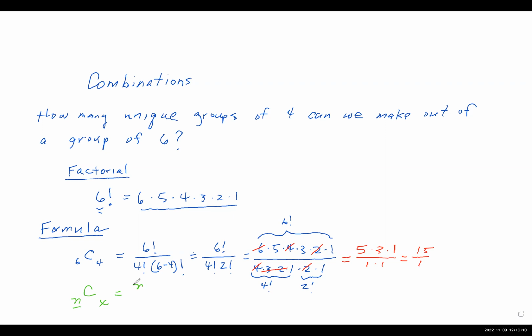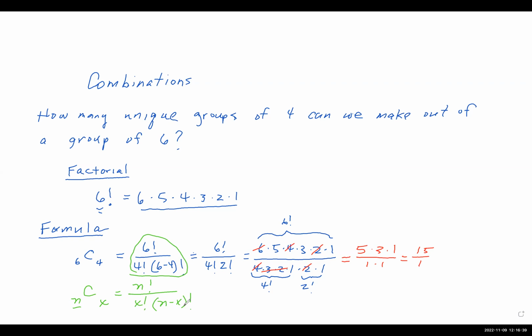So it would be whatever n is, factorial. So this looks just like this, but with letters in general, not a specific example. And this is x factorial, n minus x factorial. So that's the formula for a combination in general.